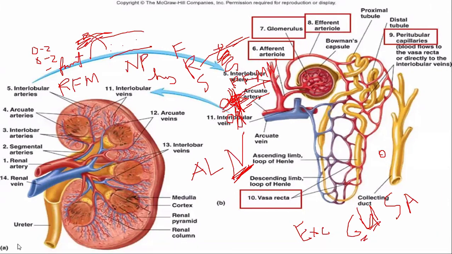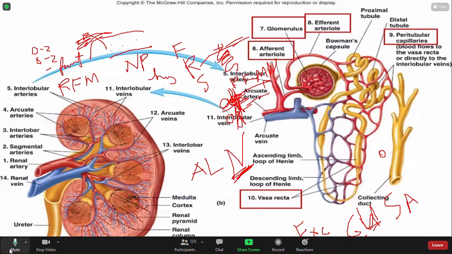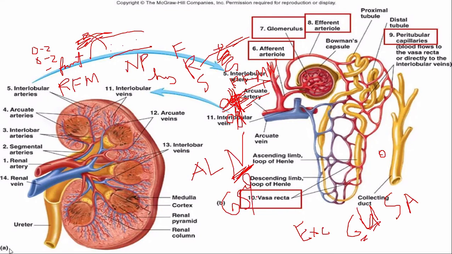True or false? True, because 65% of those filtered will go to the proximal. So water, 65%, the sodium also will be reabsorbed. Glucose will really be reabsorbed there in the proximal convoluted tubule.